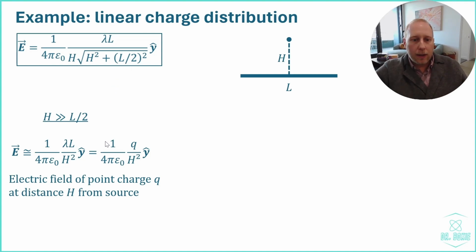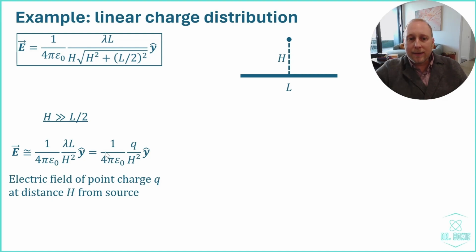We're left with h squared times y hat. And notice if we now replace lambda L by q, we get this expression here, and that is exactly the expression we would expect to have from a point source charge q, a distance h away from it. So we get, at least in this limit, the expected result.